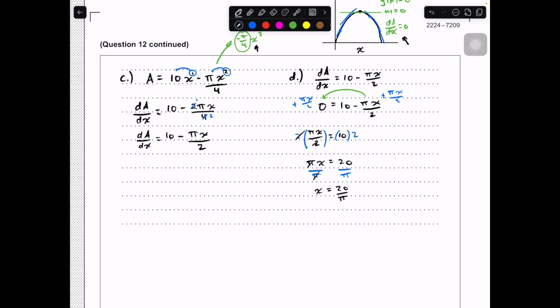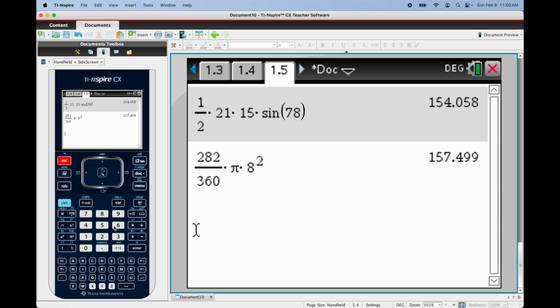And I don't believe we are going to be able to solve this and find the exact value with the calculator. We can convert to decimal, approximate to fraction, but I don't believe that is going to work. I'm actually just going to try really quick by putting in the answer 20 over pi.